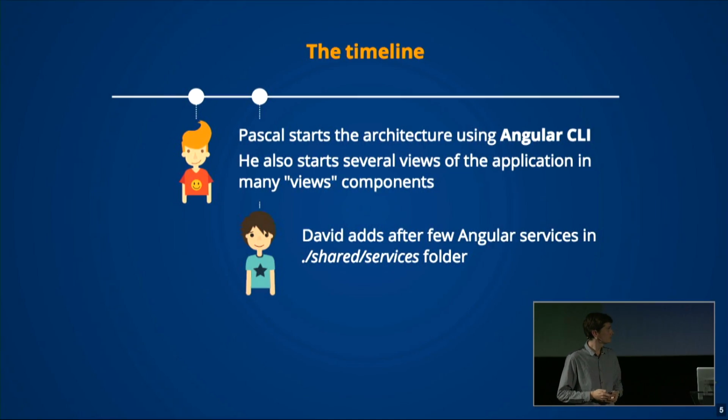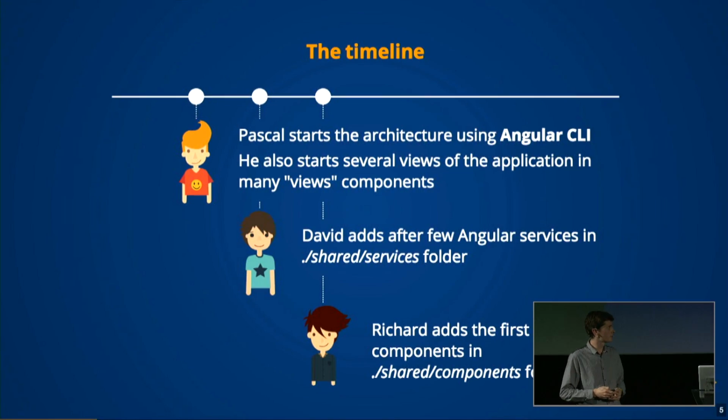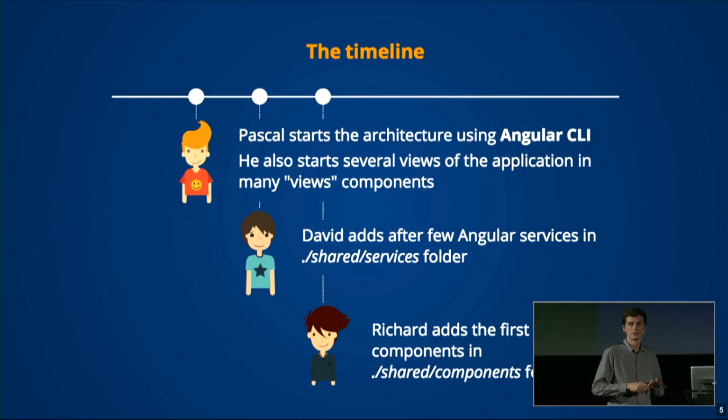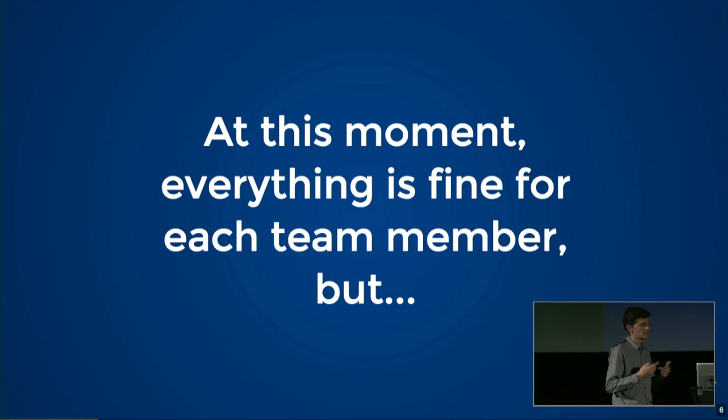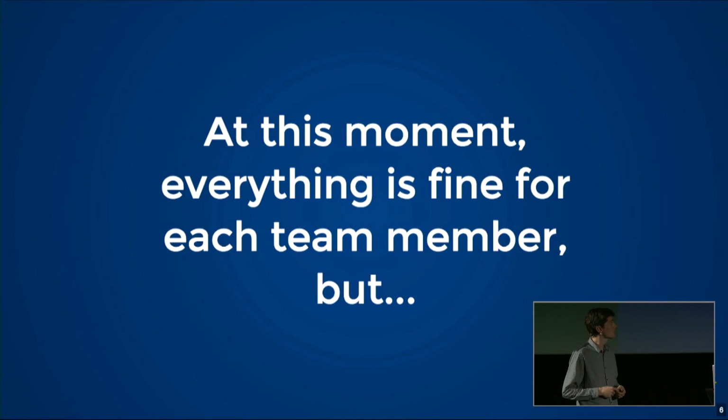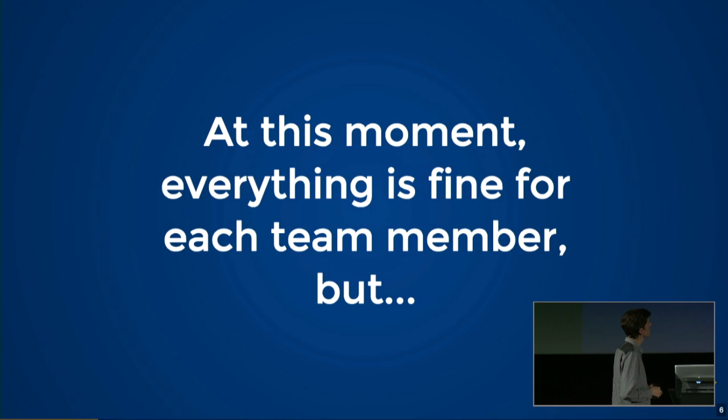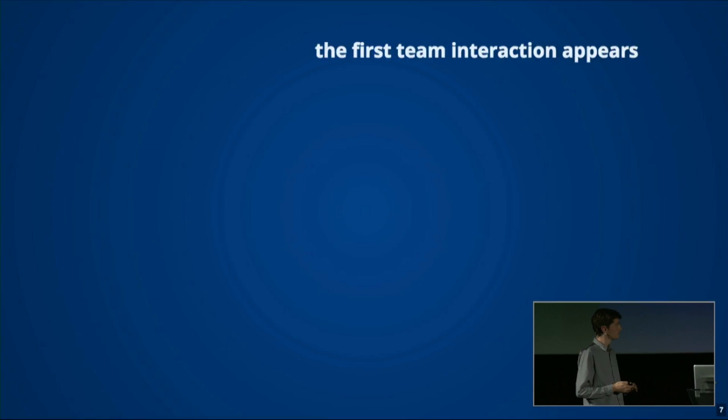And finally, Richard adds the first shared components in the shared components folder. So each guy has done his job, and the structure and the architecture is implemented. And they can start building stuff and working on the features of the application. So at this time, everything is done and everything is fine.